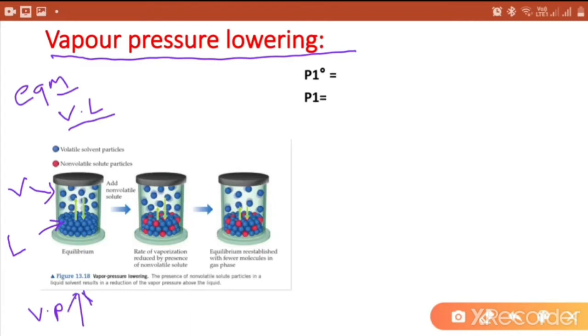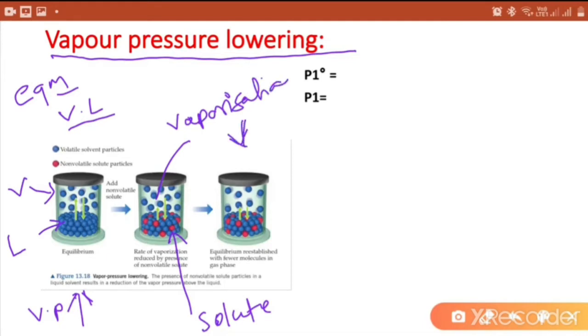Consider the next vessel in which these red color particles are solutes. When a non-volatile solute is added to the solvent, the rate of vaporization decreases.